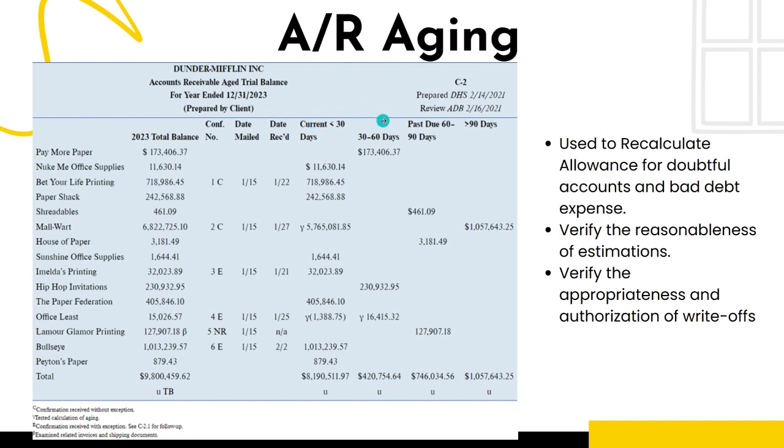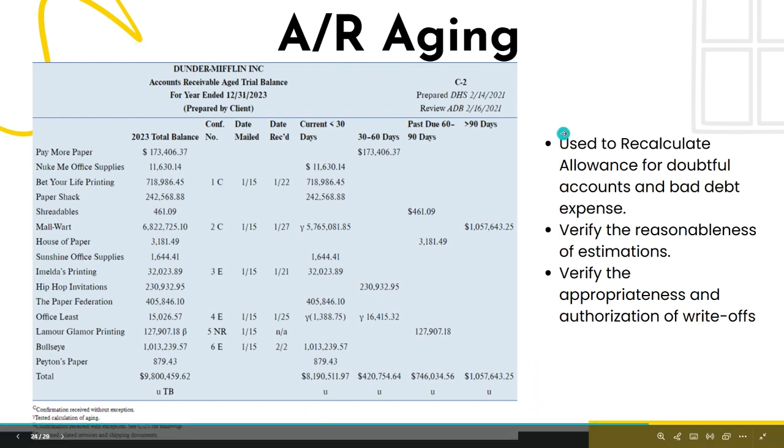So we have current, 30 to 60 days past due, 60 to 90 days past due, and greater than 90 days past due. As we move from one bucket to the next, the probability that we won't collect these, and therefore the risk, is going to increase, which is going to increase our allowance for doubtful accounts and bad debt expense. So we want to verify that this amount seems reasonable.